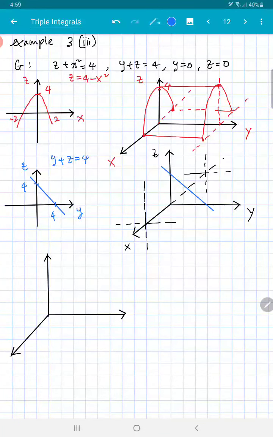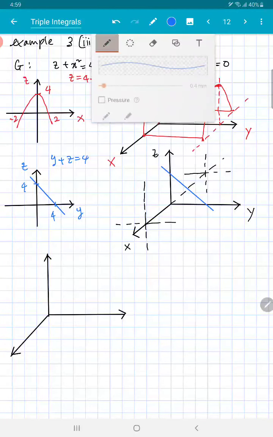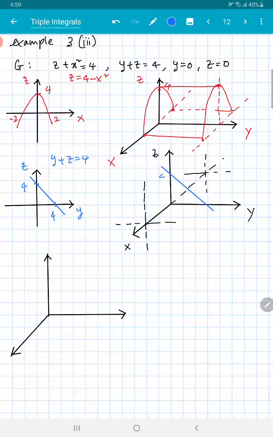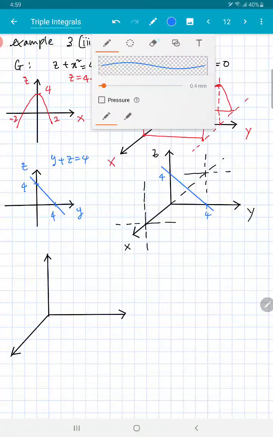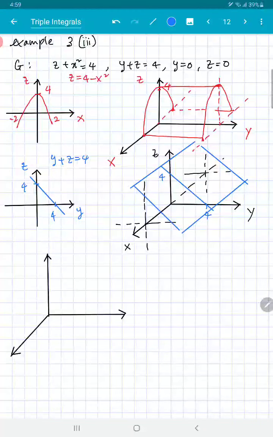And again, this is a 4 here and a 4 there, and then using the same slope for the next two lines. Let's say here we have another straight line, and here we have another straight line, and then when you connect all the straight lines, what you get is a plane.